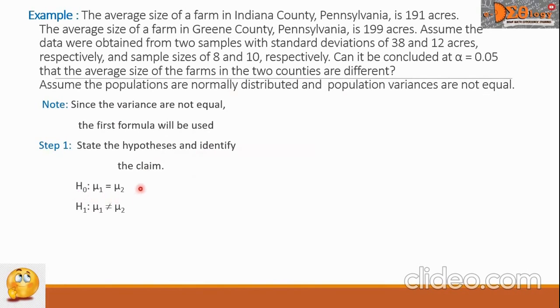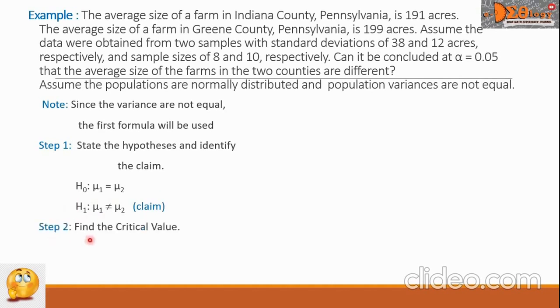In words, we are saying that there is no significant difference between the two average sizes of the farm. And H sub 1 is the alternative hypothesis. And we write mu sub 1 is not equal to mu sub 2. In this problem, the claim is the alternative hypothesis.